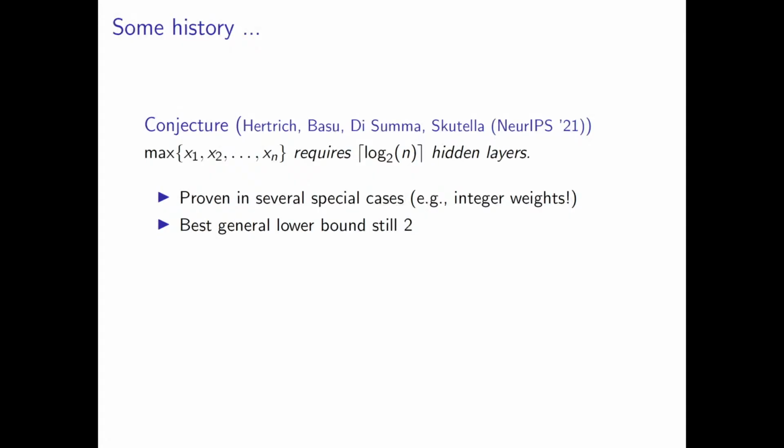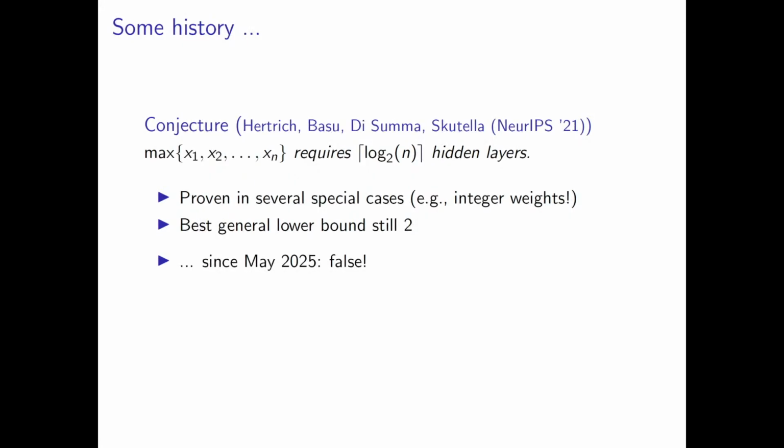One of my favorite special cases: if you restrict the weights of a neural network to be integers, then the conjecture is true. If you think back to the construction, they were just plus 1s, minus 1s, basically. If you put this together, everything stays integer. So we were able to prove that if you stay integer, then logarithm to the base 2 is exactly the right answer for the number of layers you need. But without such assumptions, we weren't able to make any progress on this conjecture.